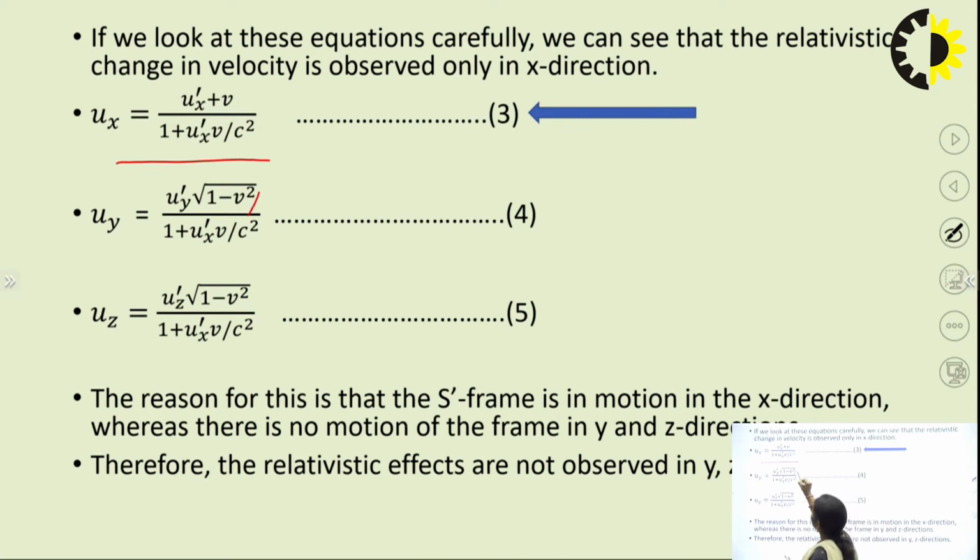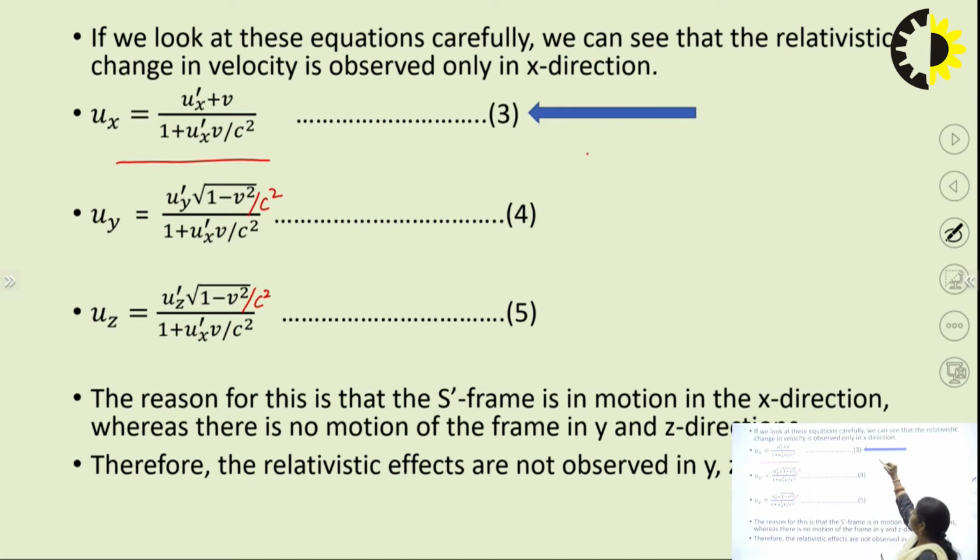Again, the component uy is uy dash times square root of 1 minus v square by c square upon 1 plus ux dash v by c square, and uz is uz dash times square root of 1 minus v square by c square upon 1 plus ux dash v by c square.